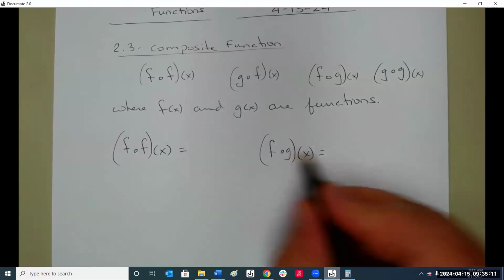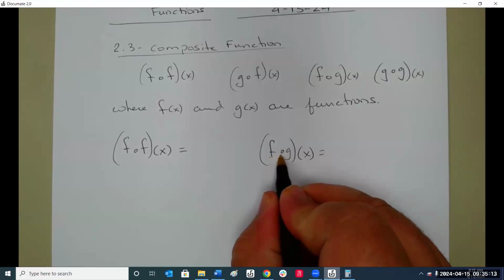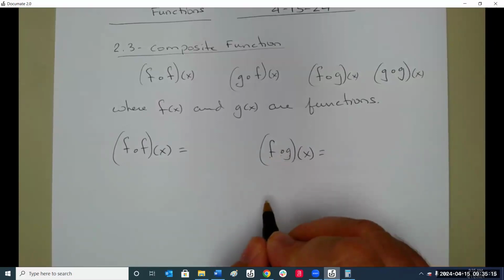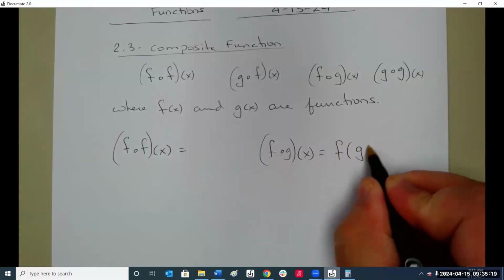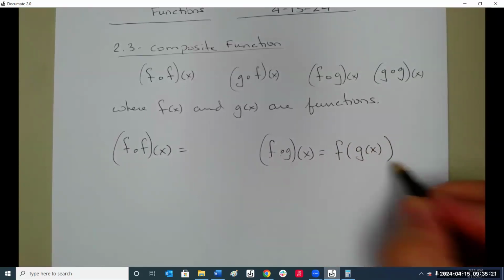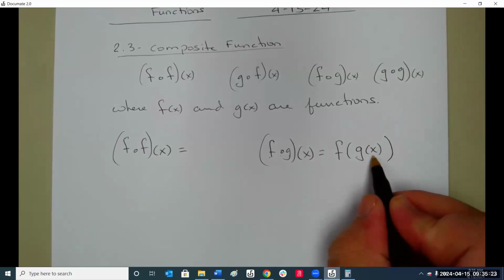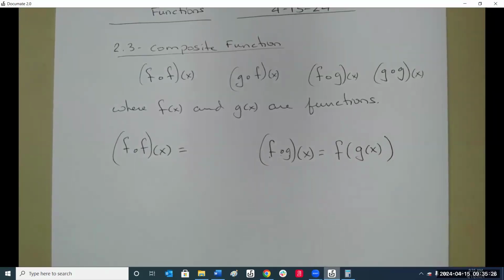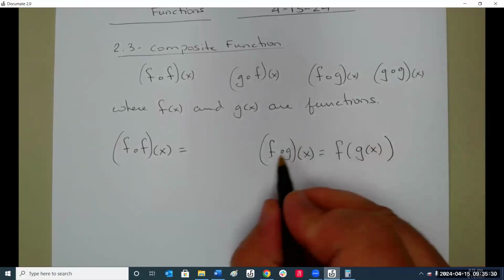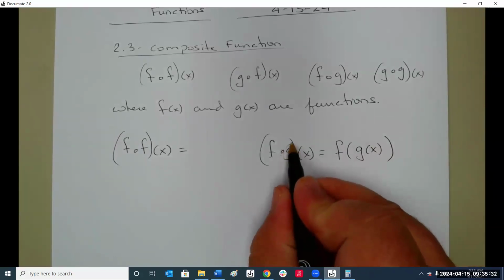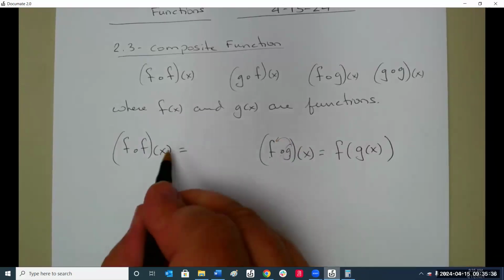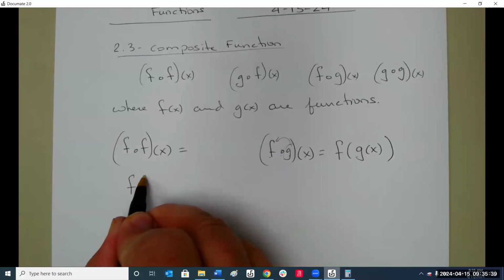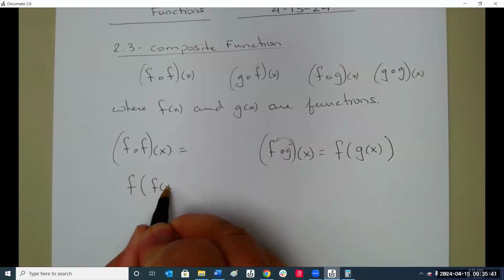Composite function is read f of g. That's the way it's read. So this says the f function of the g function. The g function is of x. It's the variable that's inside it. So what this is read is this function goes in place of the x values in the outer function. What this one says is f of x.